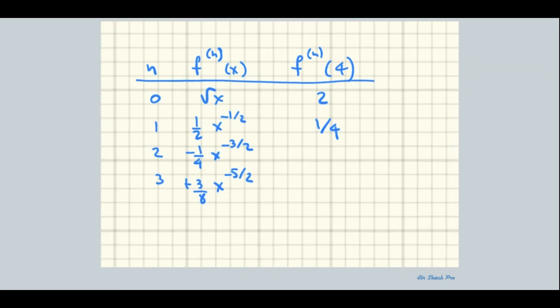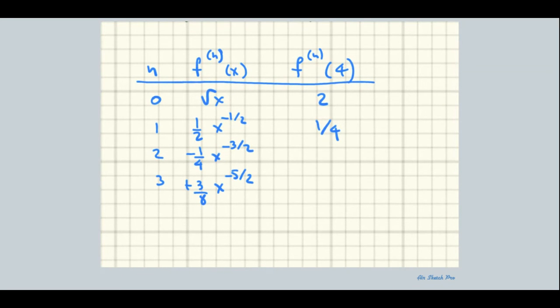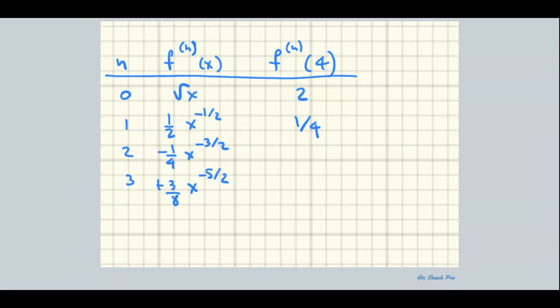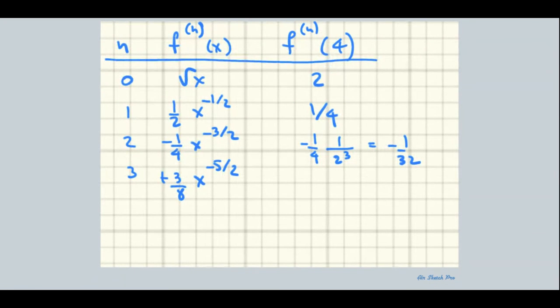And what's the second derivative at 4? I'll do a little bit of the arithmetic on that for you. There you go. The 1/2 power of 4 is 2. The 3/2 power is 2 cubed. So that's 1 over 4 times 8 is 32. Check. Kayleen checks me.